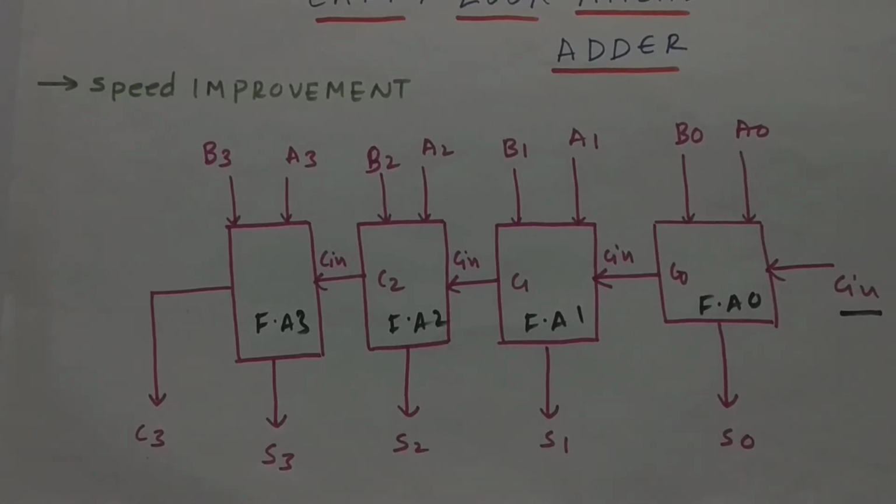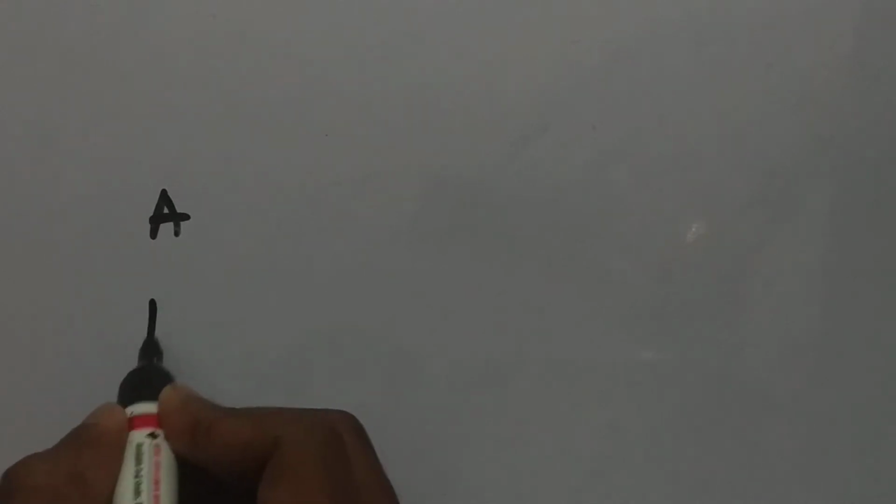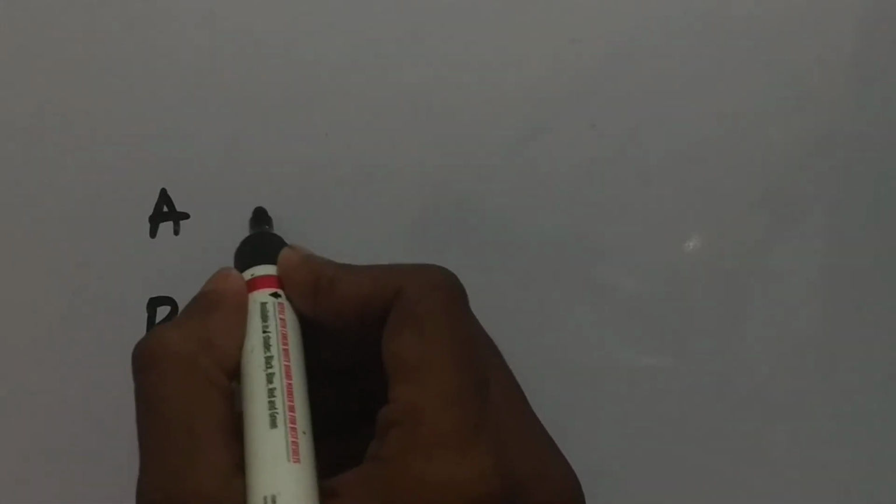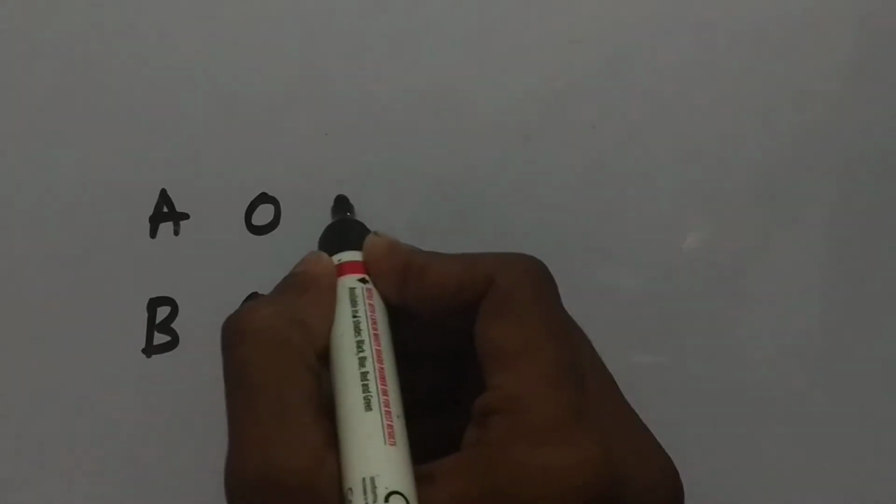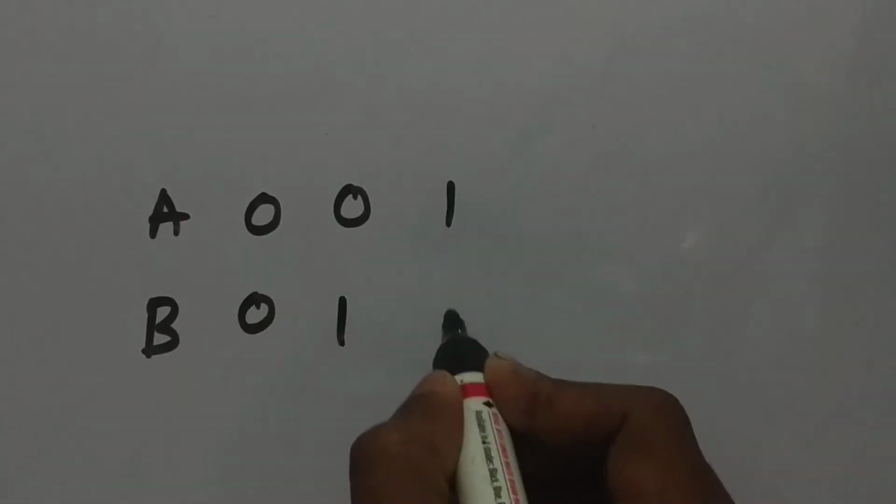Okay, so how are we going to generate our hardware so that we can reduce the delay generated in the ripple carry adder? Before going to carry-lookahead adder, I want you to know this simple technique. So let us consider A and B as 2 bits. 2 bits means 4 combinations in binary: 00, 01, 10 and 11.